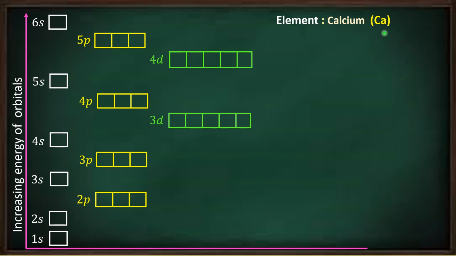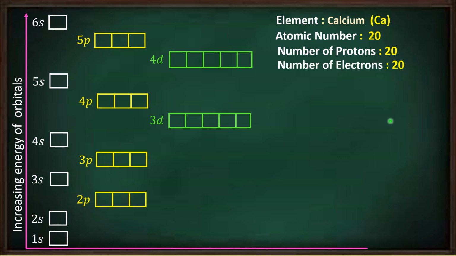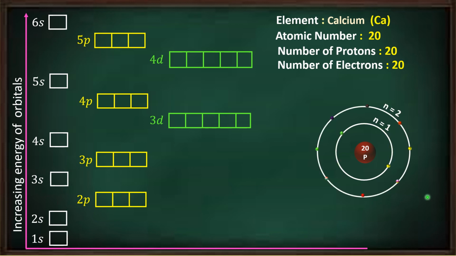Its symbol is Ca. Atomic number is 20. It has 20 protons in its nucleus and 20 electrons revolving around the nucleus in different orbits.